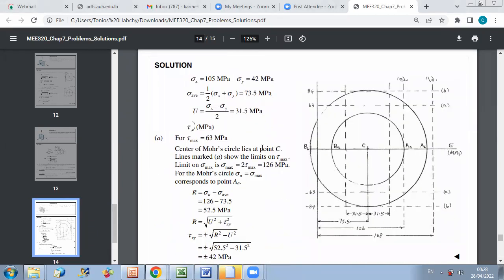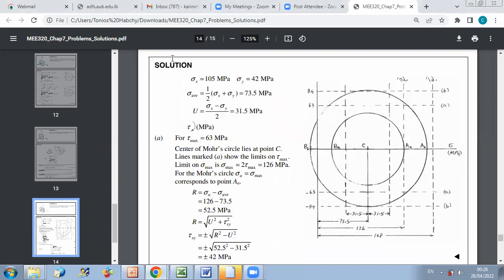So if I consider the following state of stress, sigma x and sigma y given by 105 and 42, I can calculate the corresponding sigma average, which is 73.5 megapascal. And then I can say, if tau max is 63 megapascal, this means what? I want to see if this maximum shear stress is in plane or out of plane.